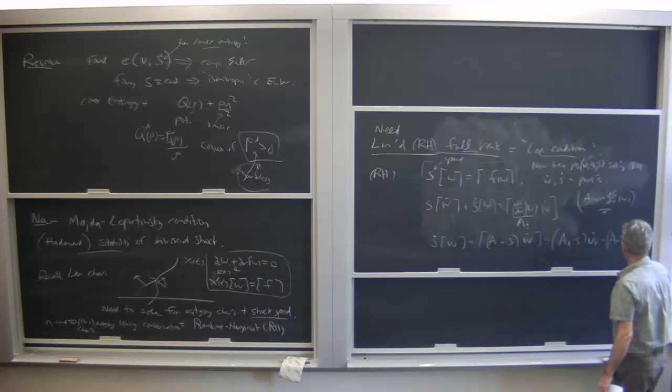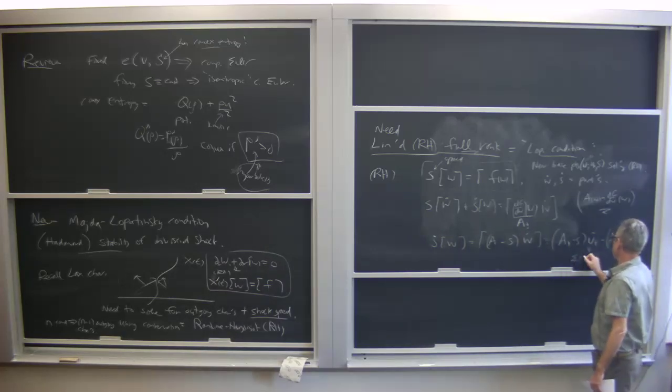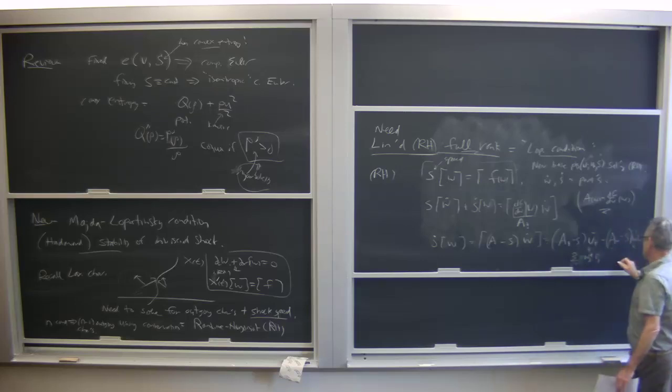I'll write these as summation of Wj plus Rj plus, j equals 1 to n, and likewise summation j equals 1 to n of Wj minus Rj minus, where these are just the coordinates in the different characteristic directions.